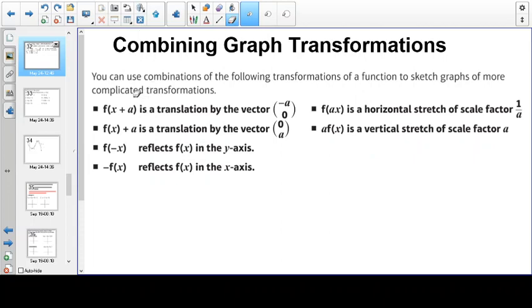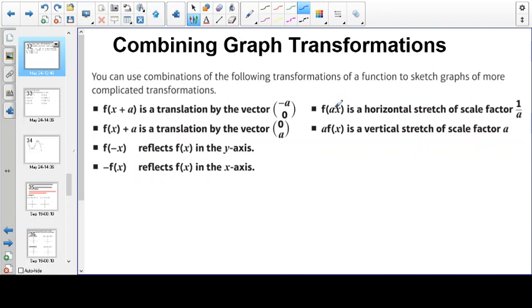So just to remind you, you've got two translations. If there is a constant that's been added or subtracted, then you have got a translation. If there is a multiple of a negative, then that's a reflection.